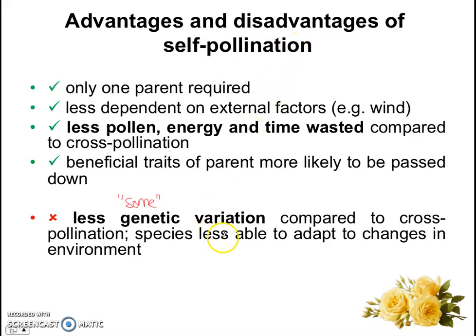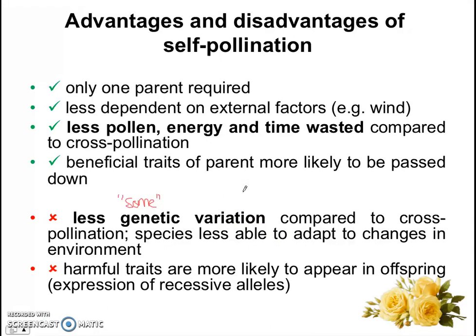So the offspring is still different from the parent, but there's a bit less variation, right? Because it's just kind of like a rejumbling up of the parent's genes. You don't bring in the genes of another plant. So there's less genetic variation, and therefore the species might be less able to adapt when there's a sudden change in environment.